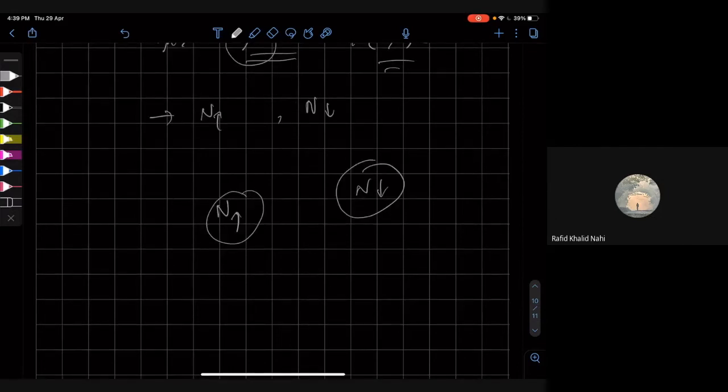That's the assumption I used. So the average energy is n up minus n down, times minus mu b by 2.